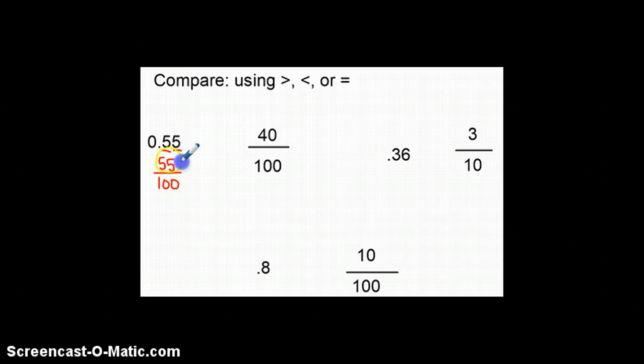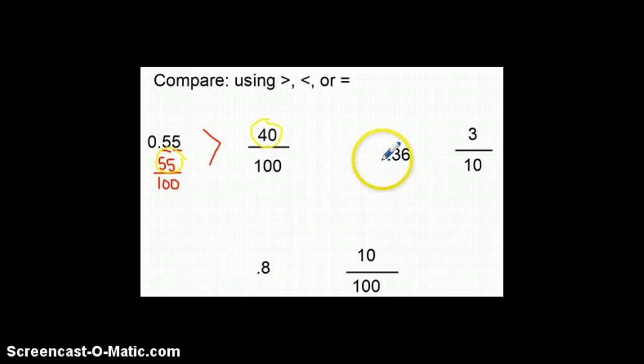This one's a 55 and this one's a 40. 55 is greater than 40. So since it's greater than 40, remember the sign, that big opening always wants the bigger number, and this end is facing the smaller number. So we would read this as 55 hundredths is greater than 40 hundredths.